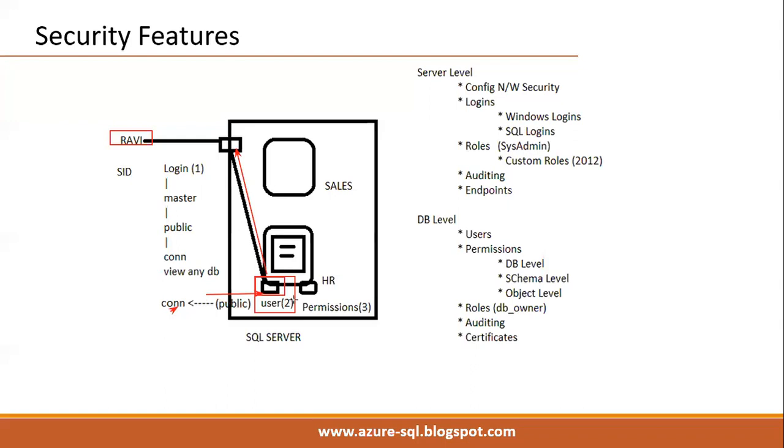It means that once we create a user mapping to the login, this login can connect to this database. But remember, he can't work with the tables. That's why the third step is granting permissions. Let's say on which table, what permissions we want, we can grant, like select permission, update permission, any permission.